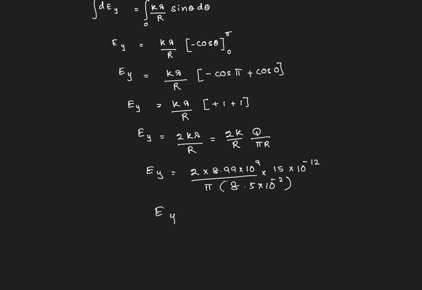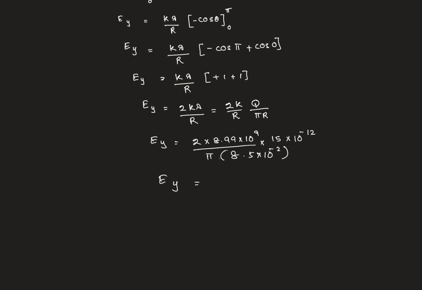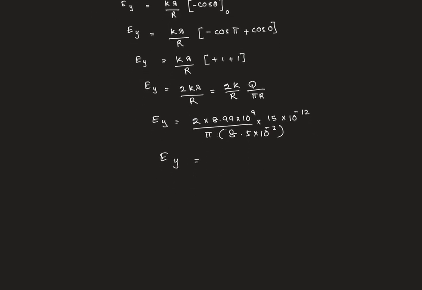And you can see that Ey, so that is about 2 times 15 times 8.99 divided by 8.5 square pi. I think I forgot to square this.